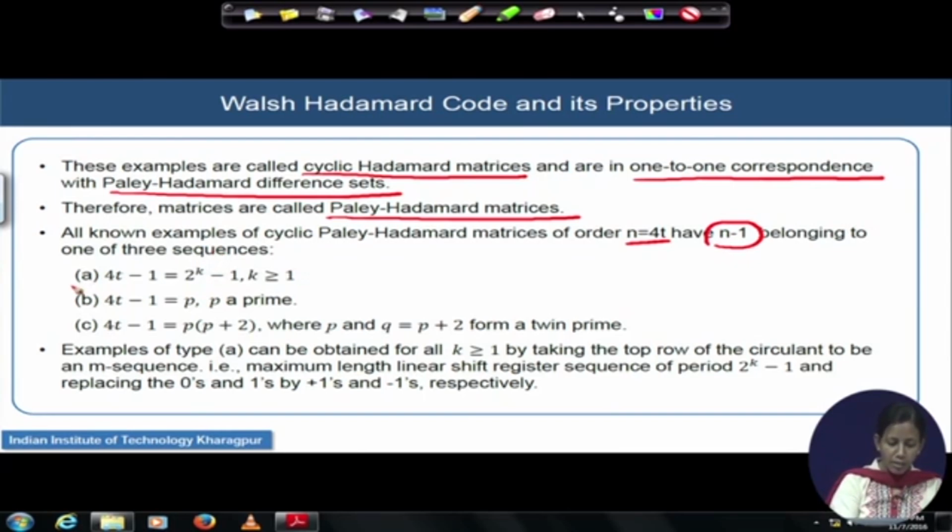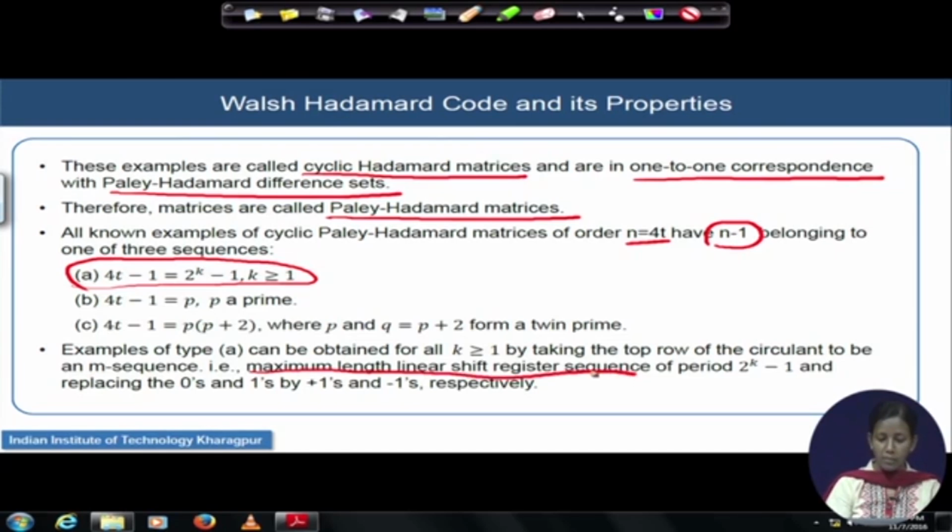So, in order to generate this first type of Paley-Hadamard matrices, we have to have k always greater than or equal to 1, and we start from a maximum length sequence. A maximum length linear shift register sequence, we keep it as the top row, and then we go ahead with the circulant of all those m sequences, and the period of the maximum length sequence that you are taking has a relation with k, namely 2 to the power k minus 1.